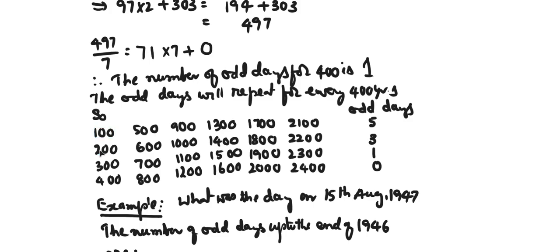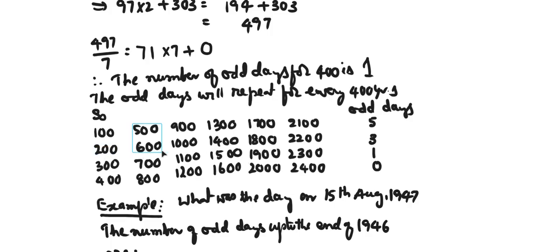100, 200, 300, 400, 500, 600, 700, 800, 900, 1000, 1100, 1200, 1300, 1400, 1500, 1600, and so on. For every 400 years, odd days are repeated. Therefore, for 100 years, 500, 900, 1300, 1700 and 2100 years, odd days are 5.